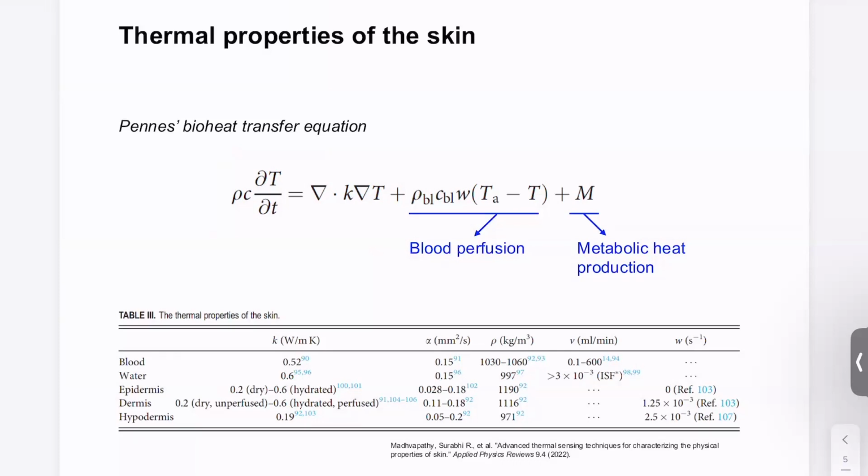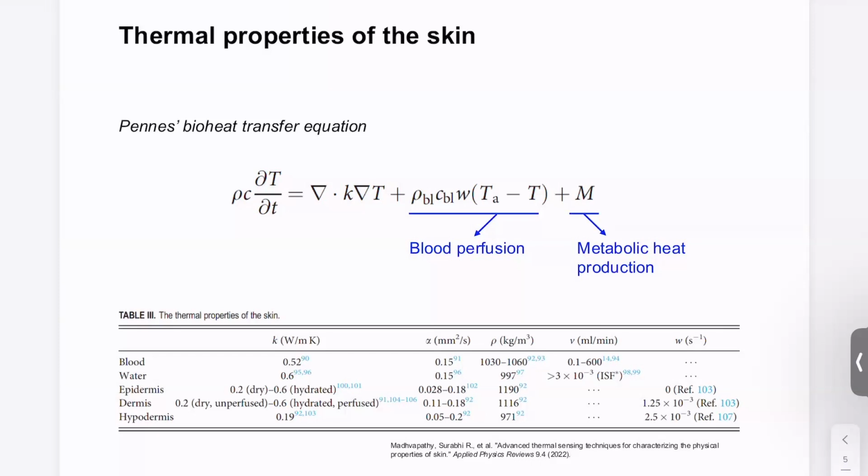Since our skin is highly perfused with blood, we need to consider the heat that is transferred in or out by blood. Then we also need to consider our cells are constantly generating heat by metabolism. So we need to add these two terms.